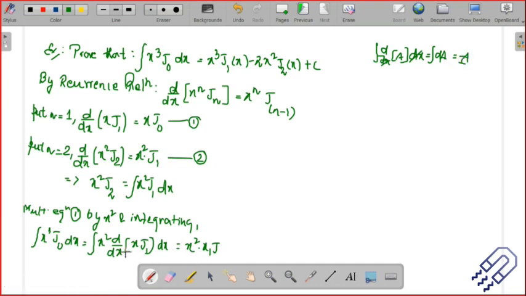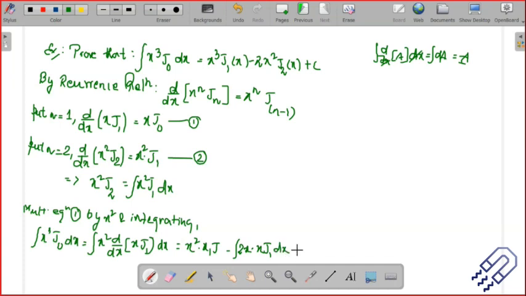This is the first function. For the second function, we write a minus, and then we integrate, keeping the integration sign, d/dx of x^2. Now d/dx of x^2 is 2x, and then we have x J1. So then I get the integration, by parts, dx.